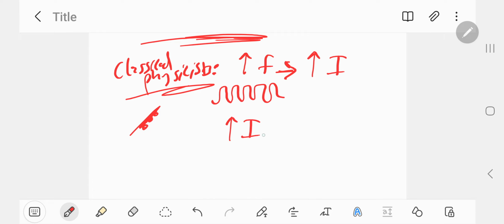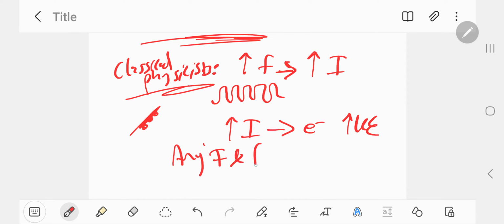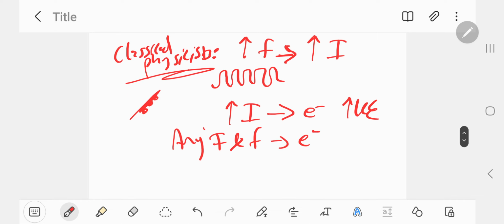Also, higher intensity of light, so brighter light, would result in electrons with higher kinetic energy. And also, light of any intensity and frequency will result in electrons being ejected, photoelectrons. The first one was proven incorrect through experiments like Lenard's experiments.